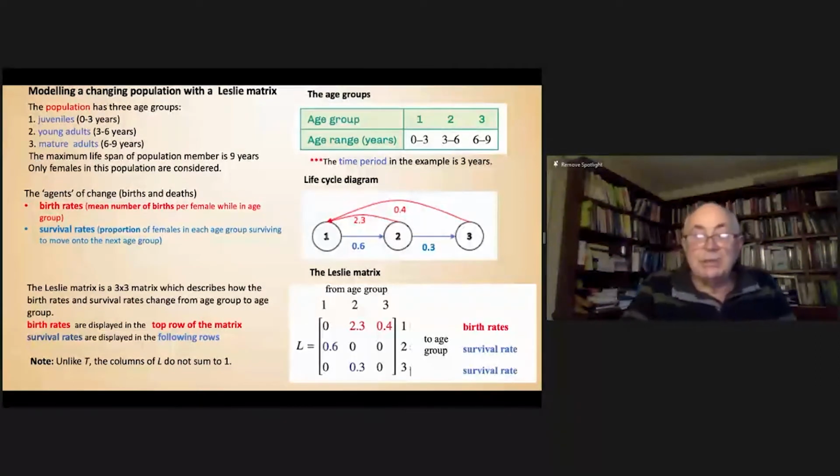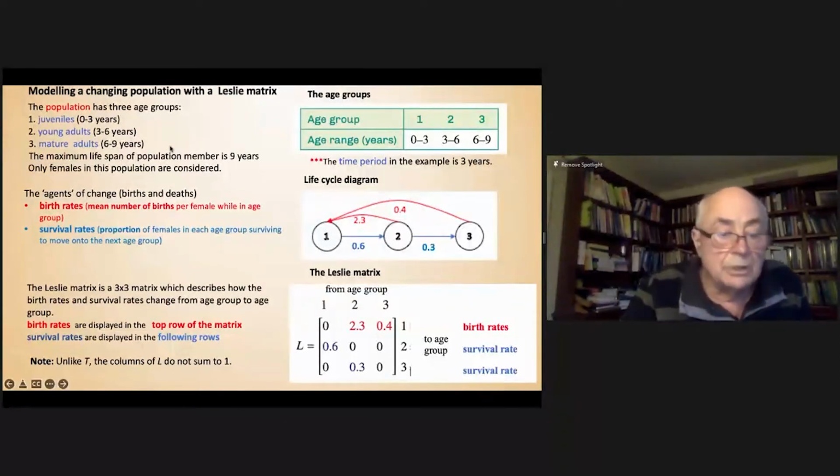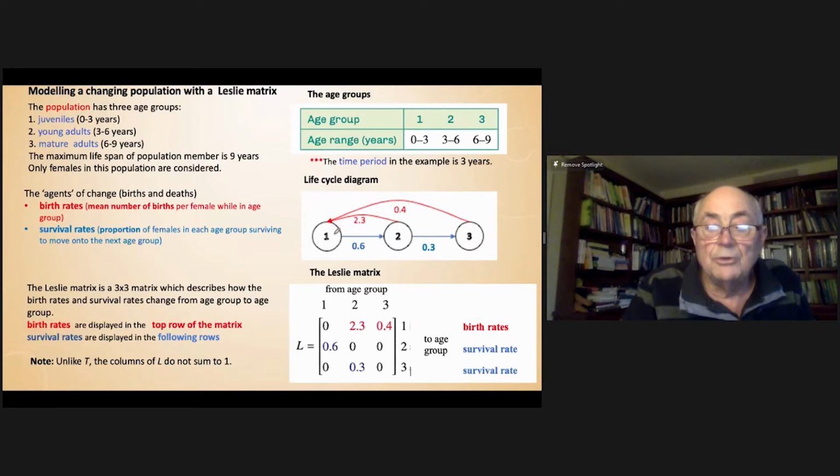So if we can see here, I'll go down and get my pointer on. We see we've got 3 age groups, 1, 2, and 3. That's the 0 to 3-year-olds, 3 to 6-year-olds, the 6 to 9-year-olds. You've got some red arrows. The red arrows represent birth rates.